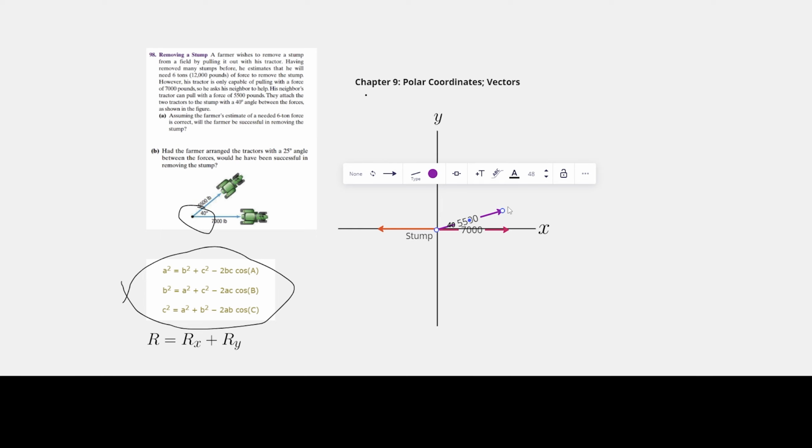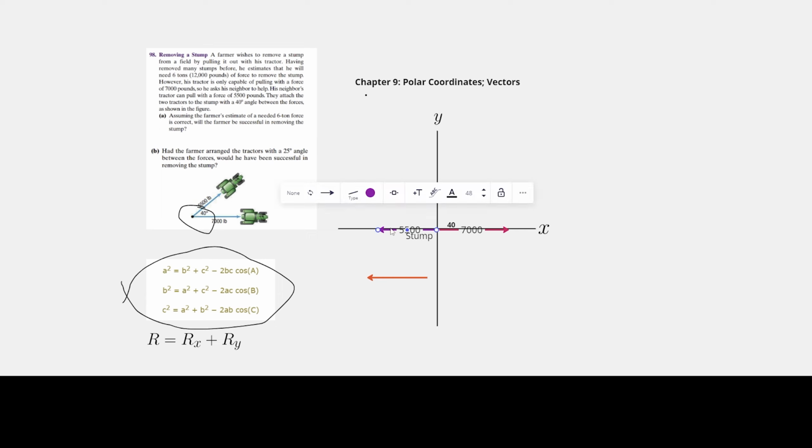Then cosine is at its max, which is 1. If you look at the unit circle, cosine at 0 degrees is positive 1. And if you went all the way to 180 degrees, that is going to be negative 1, which is the minimum value.